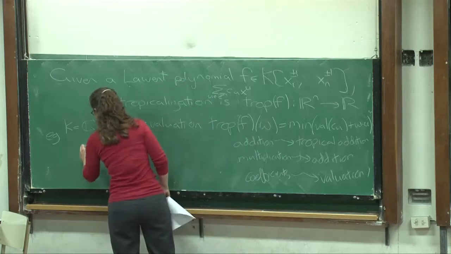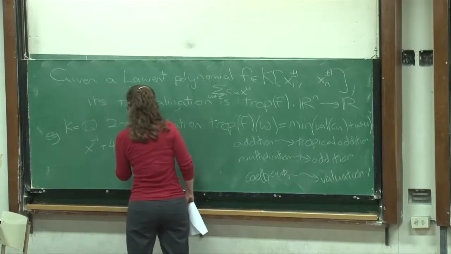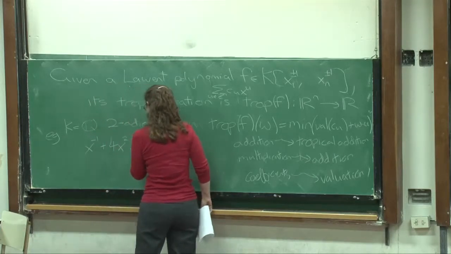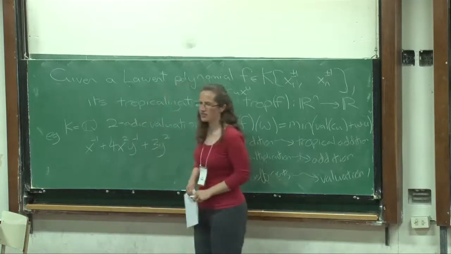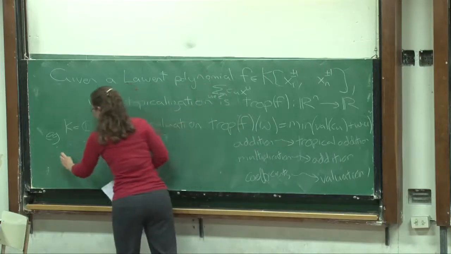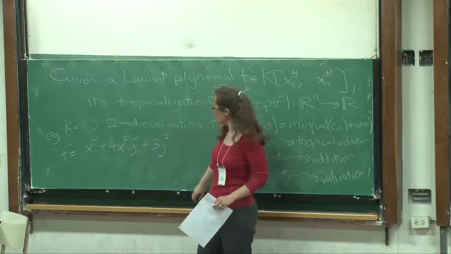So first let's take x inverse plus 4x squared y inverse plus 3y squared. This is an example of a Laurent polynomial. It's a polynomial in both x and x inverse, y and y inverse.